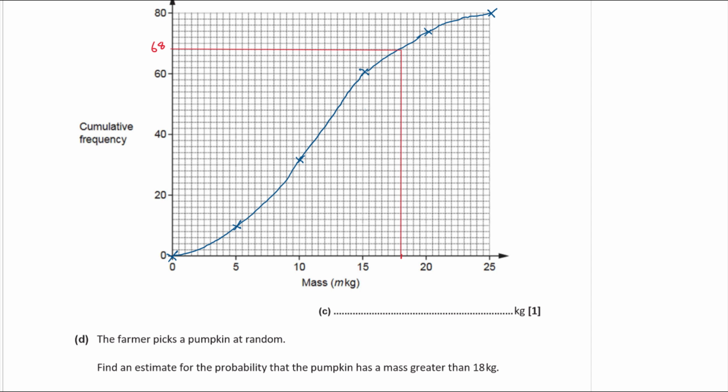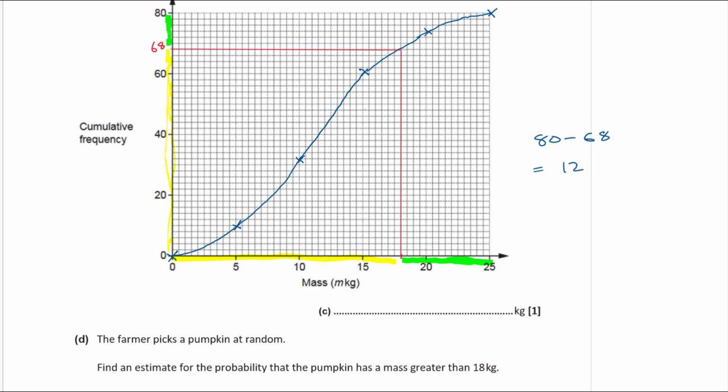Now, that tells me that there were 68 pumpkins that had a mass of 18 or fewer. There are 68 going to be fewer than 18. Okay, so this range. But we want greater than 18. So we actually want this little bit up here above the 68. So how many is that then? That's 80, the total, minus 68. So how many pumpkins?